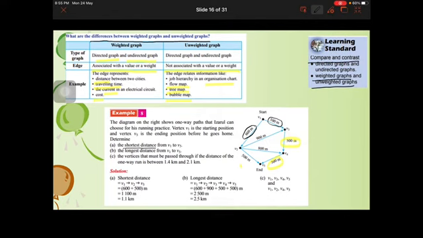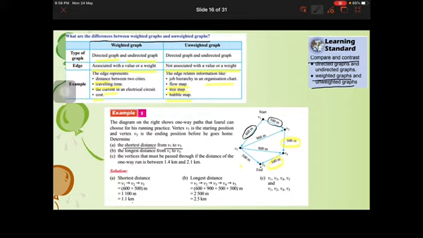So the question is to find the shortest distance from V1 to V5. You must try. If you can see V1 to V2, then V2 to V5, the distance will be 600 plus 500, 1100 meters or 1.1 kilometer.